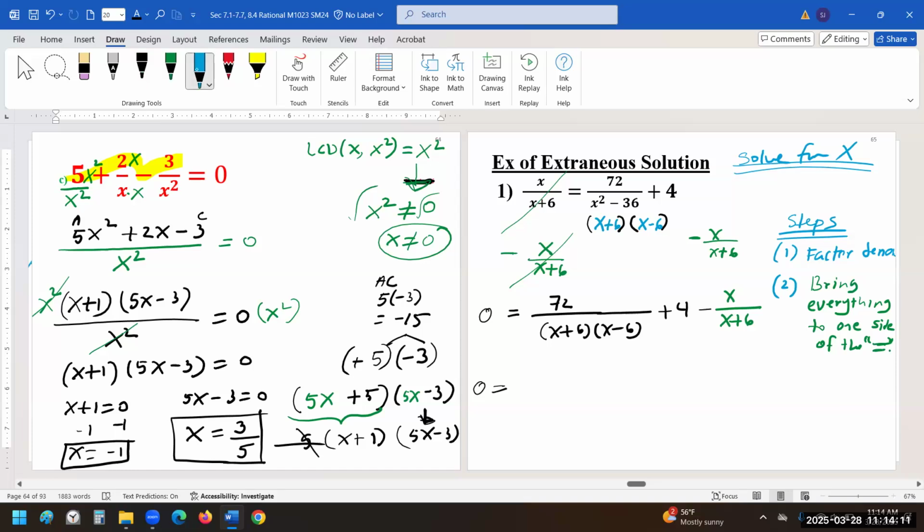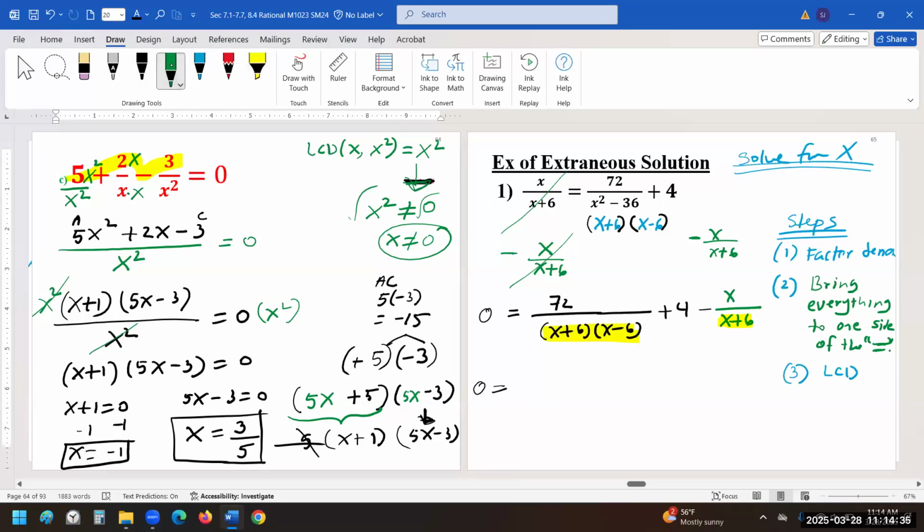So what is our next step? What do you look for? LCD. So what's the LCD between this denominator and this denominator? Definitely x plus 6. Anything else?